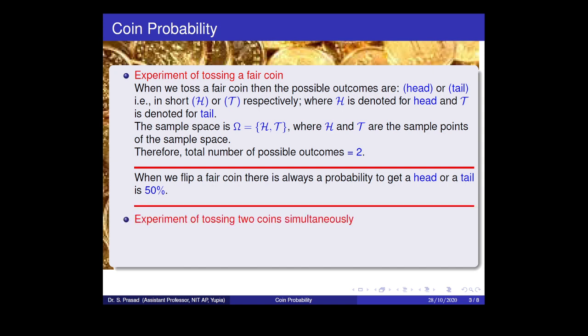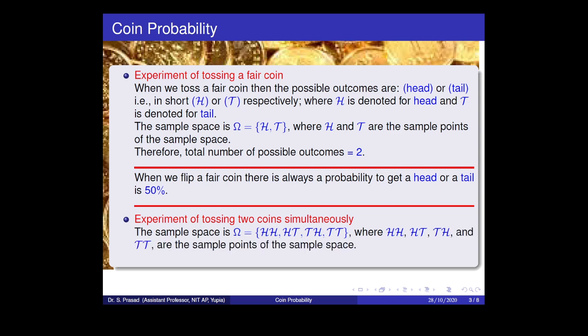Now for the experiment of tossing two coins simultaneously, the sample space is omega is equal to {HH, HT, TH, TT}, where HH, HT, TH and TT are the sample points of the sample space. Therefore, the total number of possible outcomes is 2 squared, equal to 4.